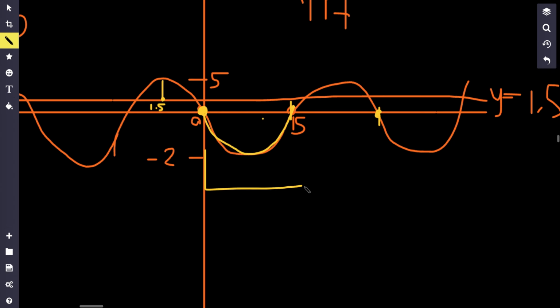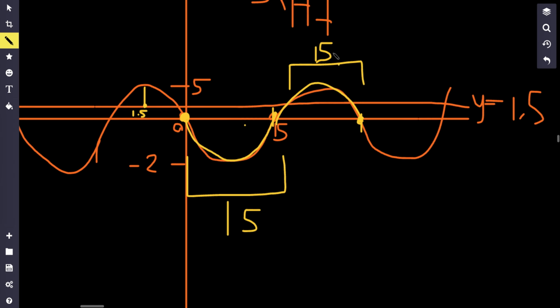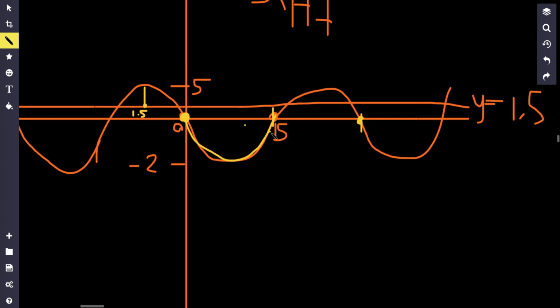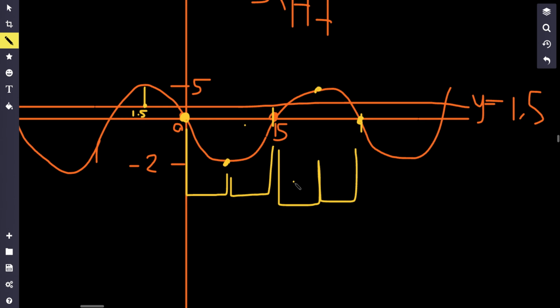So if this distance right over here is 15, then the rest of the distance right over here also has to be 15, okay? What we've got to know is that the intervals are the same throughout the periodic function. So the distance from the middle point to the lowest point is the same as the distance from the lowest point back up to the middle point, and it's the same as the distance from the middle point to the highest point.